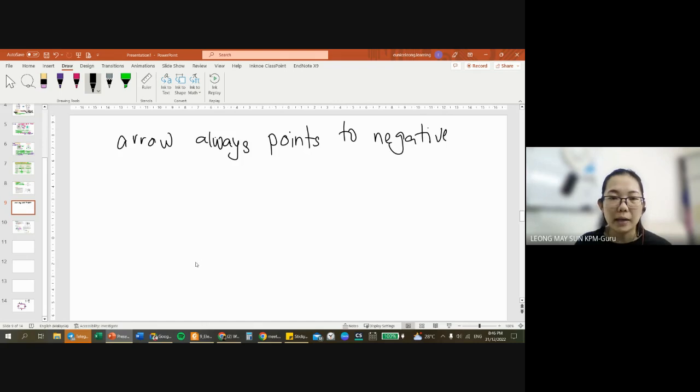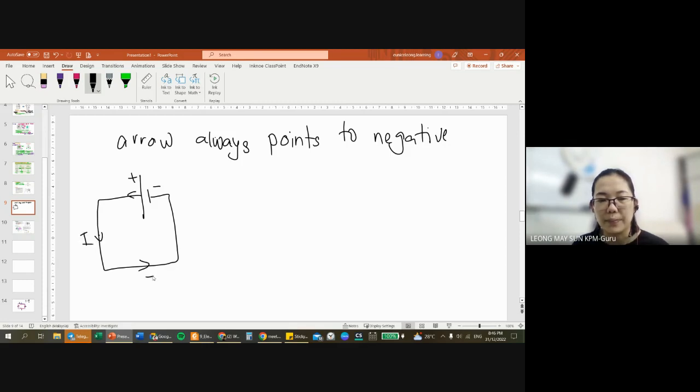Why? Let's say for example we have a battery, positive and negative. Current will always flow from the positive terminal towards the negative terminal in the external circuit. The current will always point towards the negative terminal.